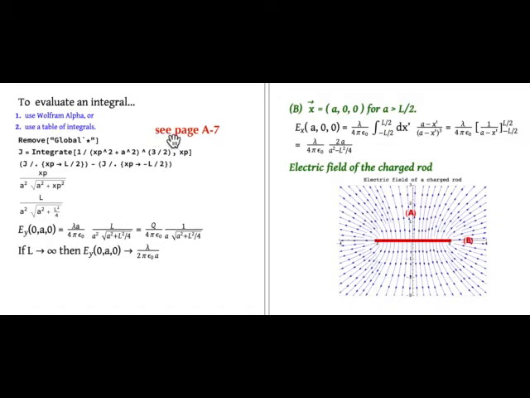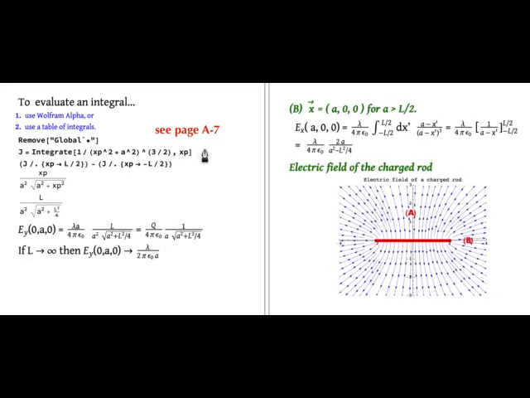Actually, in the appendix of the textbook by Bauer and Westphal, page A7, the first integral on that page is the integral we need. Here's a little calculation using Wolfram Mathematica. We have to integrate 1 over (x prime squared plus a squared) to the 3/2 power with respect to x prime.